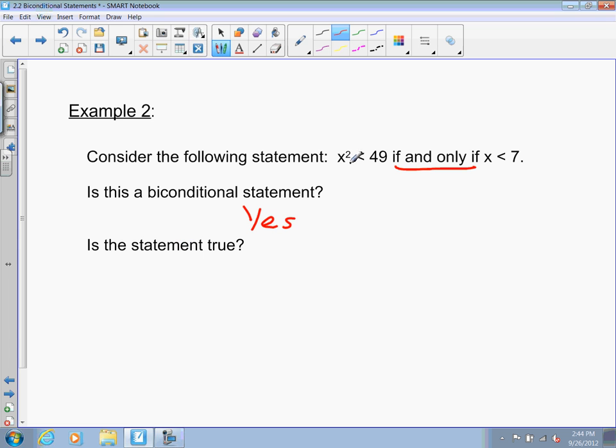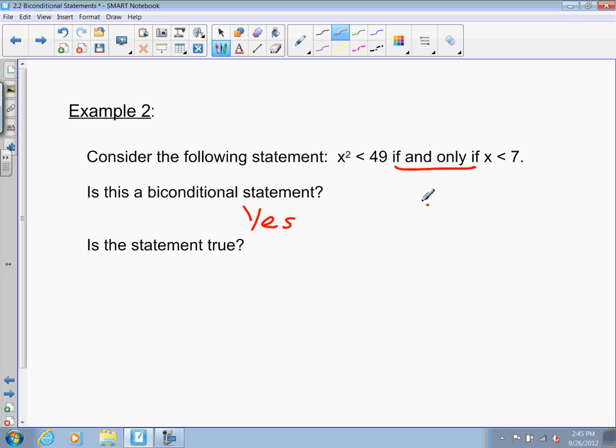I'm going to look at this: x squared is less than 49 if and only if x is less than 7. So what if x was 6? Well, 6 squared is less than 49. Okay, and I could keep going. But at some point, can I put in some value for x to make it not true? I want you to think about that. Remember, it has to work both ways. I could pick values of x to make this part true, and it would have to fit into here, or vice versa.